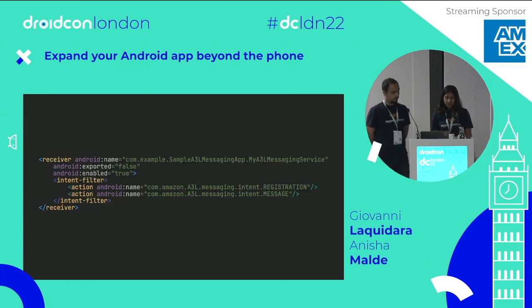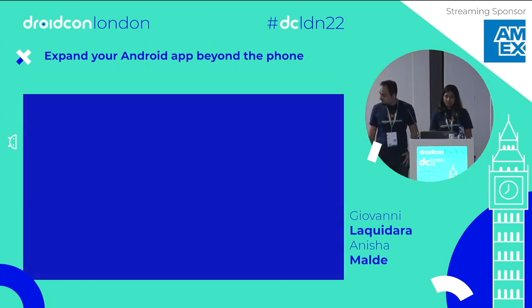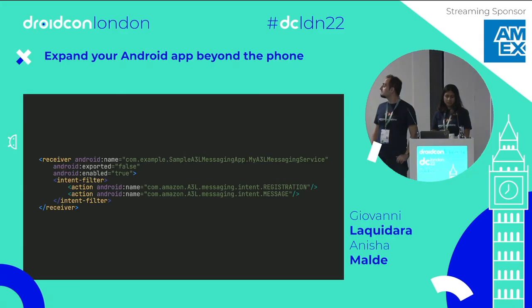Once you've done that, you need to update your app's manifest file to receive messages. You'll need to declare your implementation of the A3L messaging service class as a receiver, as this is what allows you to handle the registration and message intents that we saw earlier.